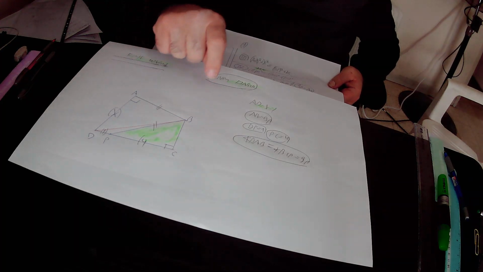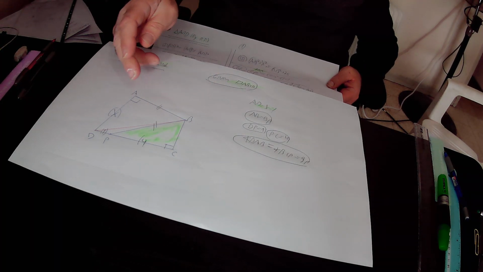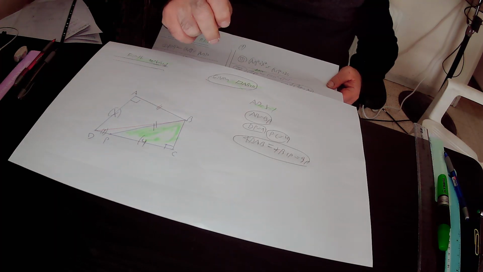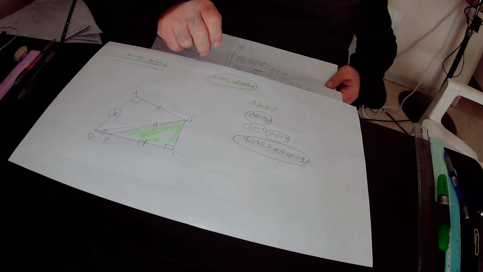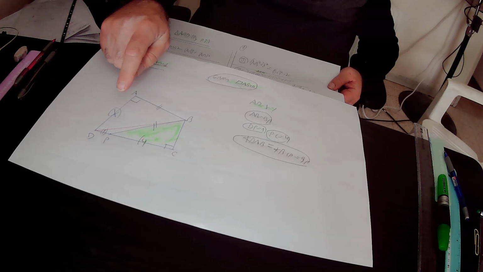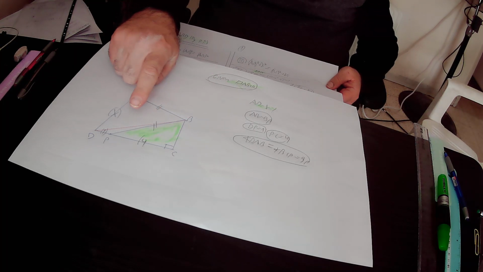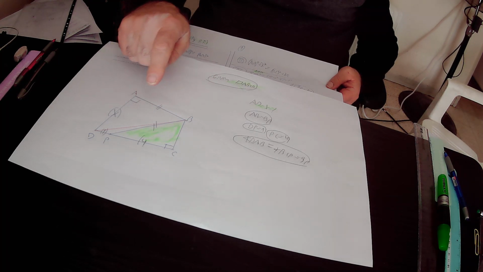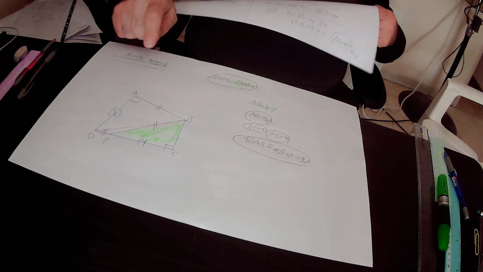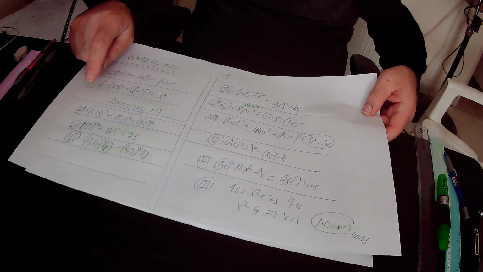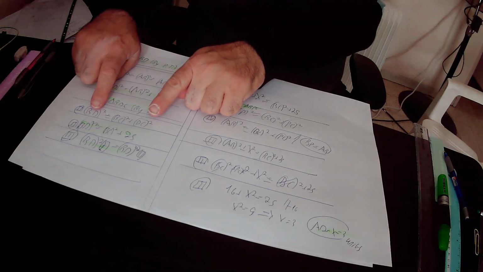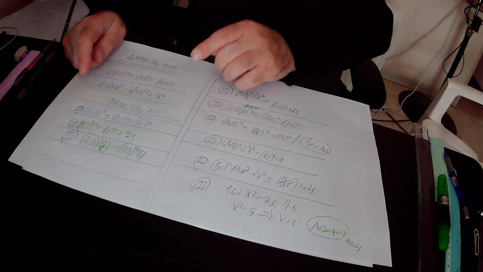We don't know the lengths of DB and BC, so we leave them as they are. But DC in total equals 4 plus 1, that is 5. Therefore, DC squared equals 5 squared, that is 25. So according to equation 2, BD squared equals BC squared plus 25.